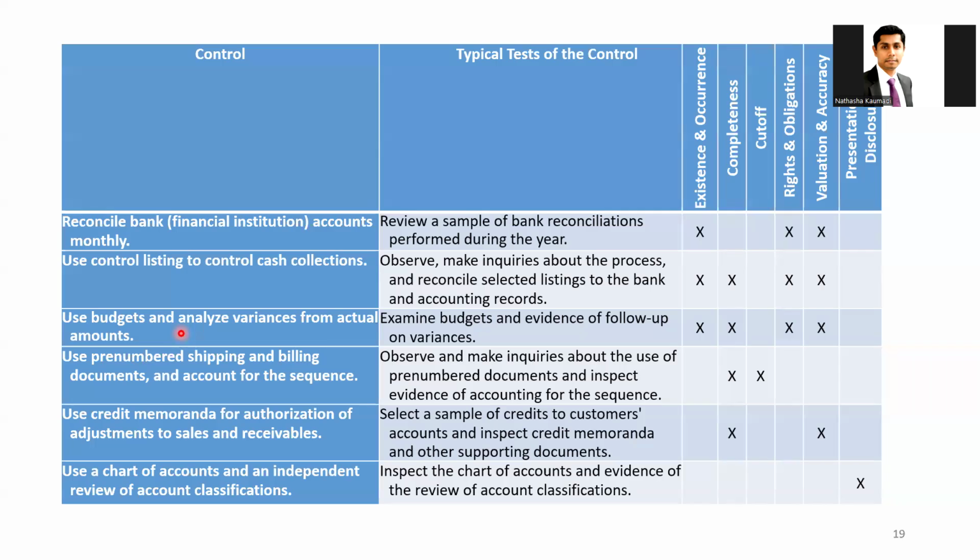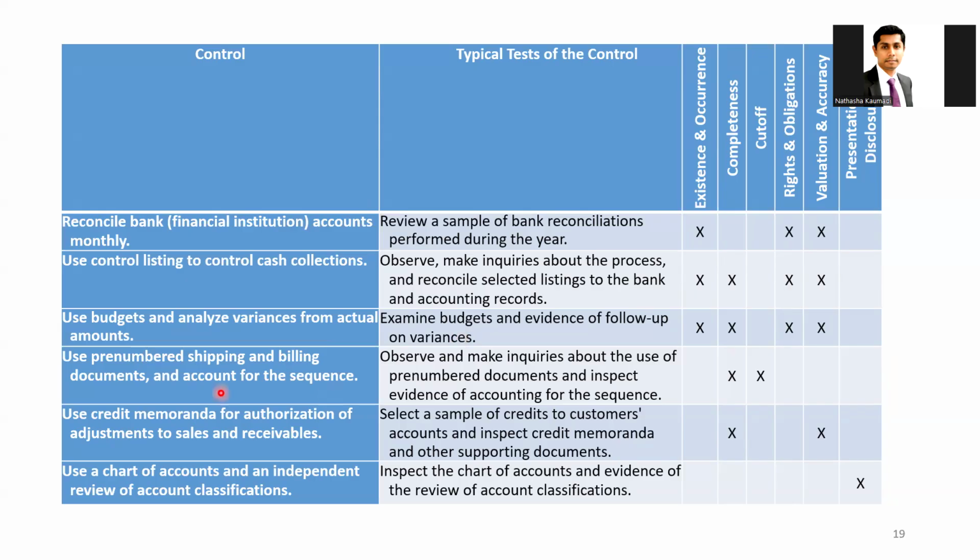So examine budgets and evidence of follow up on variances. You are trying to understand whether there is evidence to see that the client has actually done that variance analysis. You are not going to do that variance analysis. You go and see whether the client has done that actually.